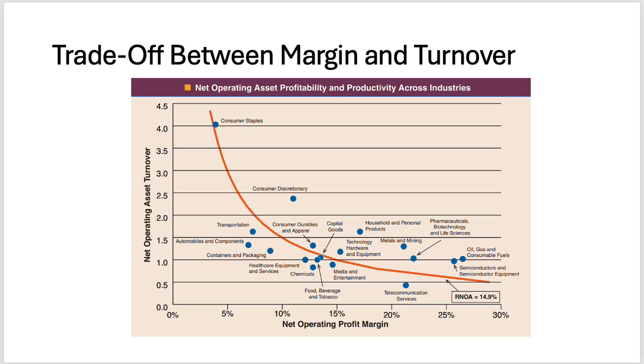And so you can see here that over in the upper left-hand corner, the consumer staples industries will typically leverage very high operating asset turnover with a relatively low profit margin per gallon of milk sold, or those kinds of things, right? And at the far other end, out by the long tail in the lower right-hand corner, you can see companies like oil, gas, consumable fuels, semiconductors, and then, of course, pharmaceuticals, which is the example company that we've been looking at throughout this module with Pfizer, right?